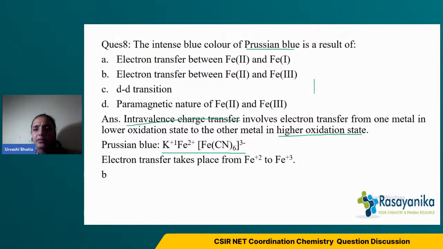In some other complexes, like Pb3O4, such kind of transition, intervalence charge transfer, also occurs. So electron transfer takes place from iron 2 to iron 3, which is basically called intervalence charge transfer. So electron transfer between iron 2 and iron 3 is the correct answer.